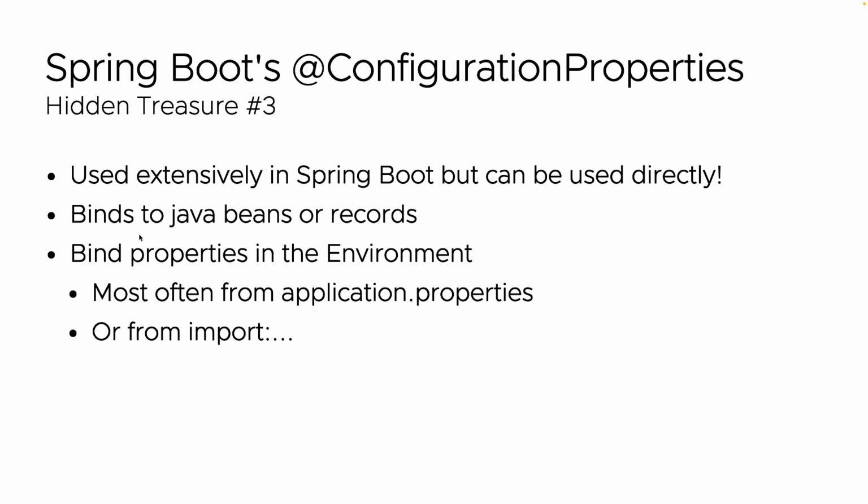You can bind to both Java beans, and you can bind to immutable objects or records. And you bind most often from properties in the environment, so usually from application properties or from a file that's imported from application properties. You can also bind to other things like maps if you want to use the classes that power this thing directly yourself.